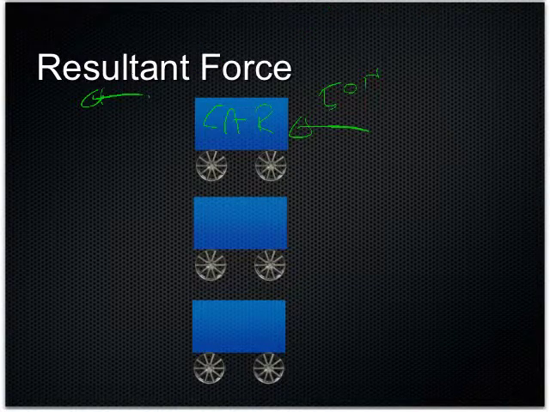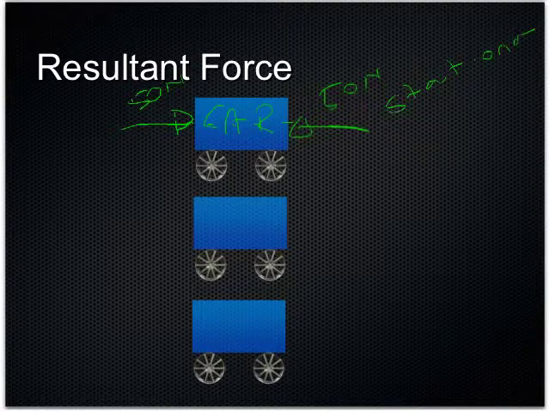However, if we apply equal opposite forces on the same line, in other words they go through each other, then this thing will either be stationary or will continue at a constant velocity.